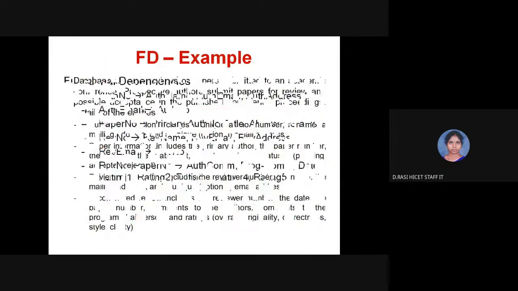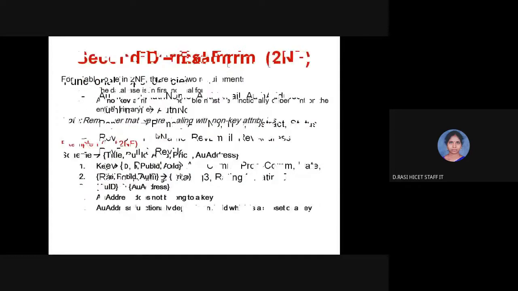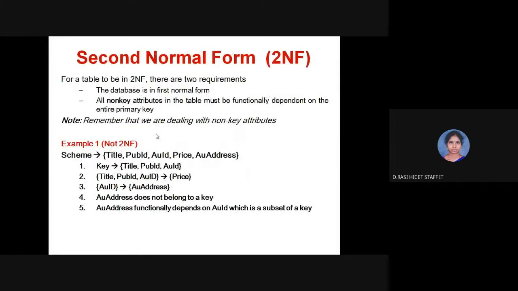Now moving to your second normal form. Okay. So for a table to be in second normal form, there are two requirements. This is again the highest subset; as we go to higher levels, each is only a subset, not the entire complete second normal form as such. So for a table to be in second normal form, there should be two conditions.